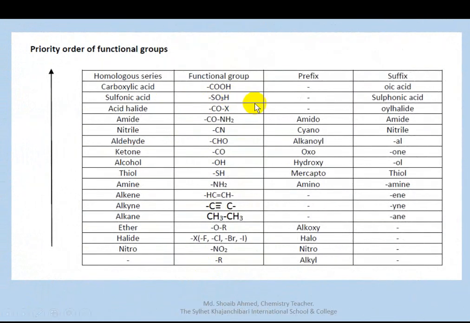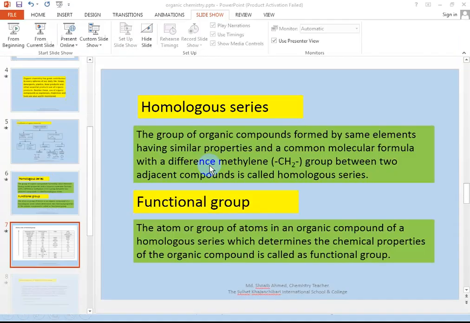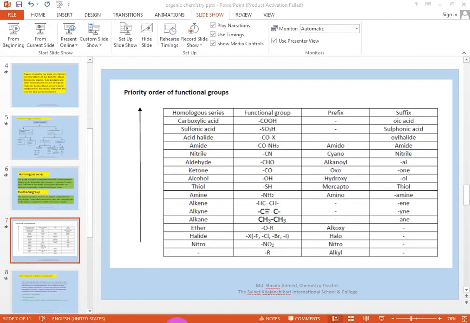Like this, carboxylic acid: the functional group is COOH, which determines the chemical properties of carboxylic acid. Sulfonic acid: SO3H. If we see CHO, this is aldehyde. Look at this compound.